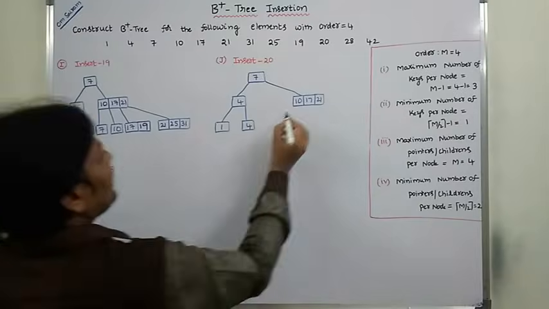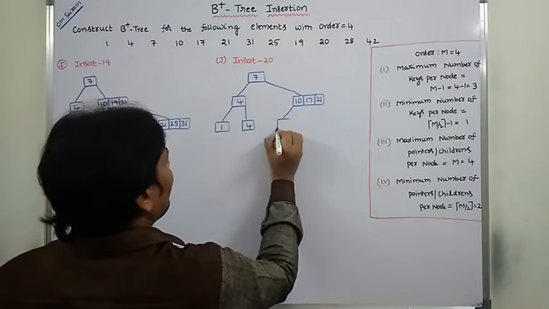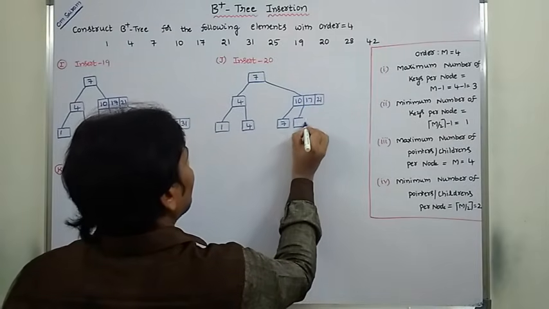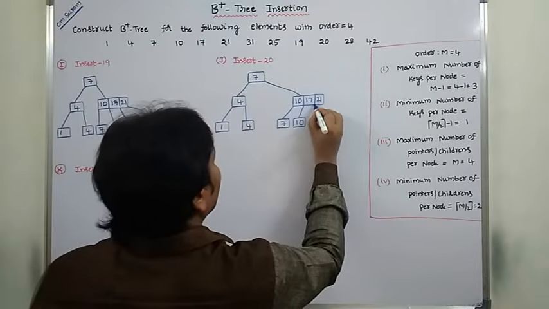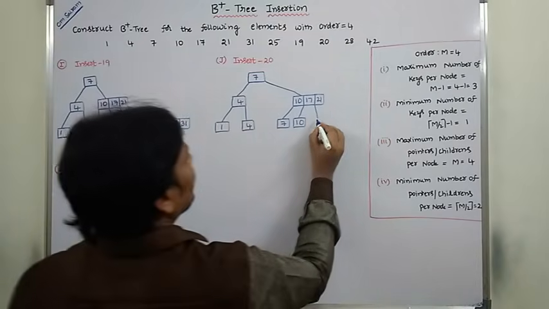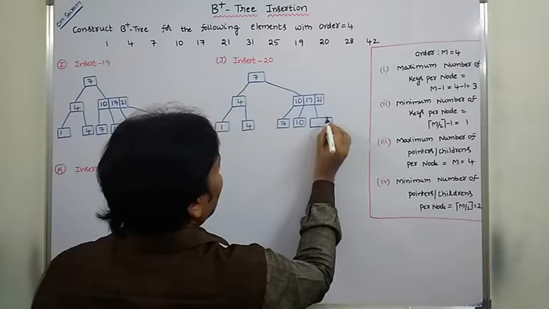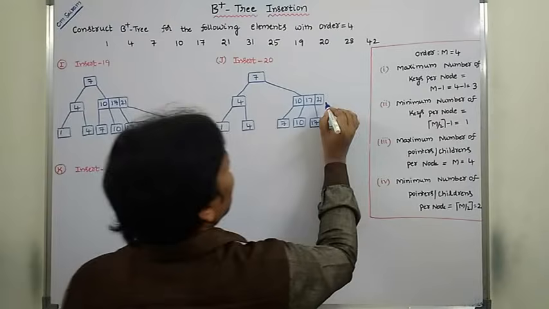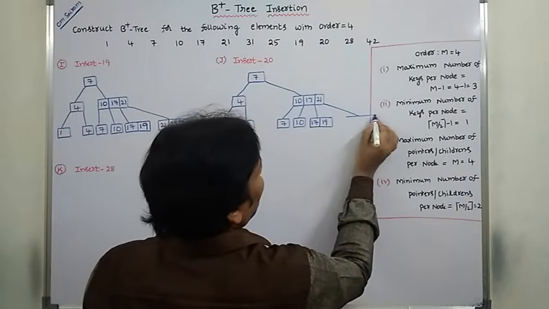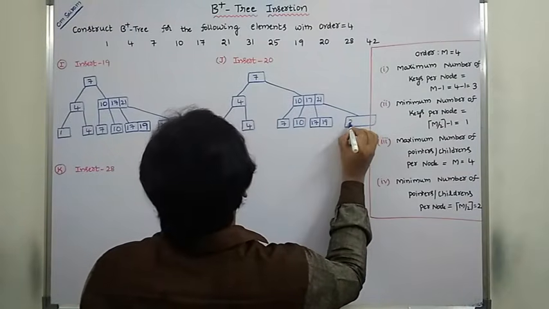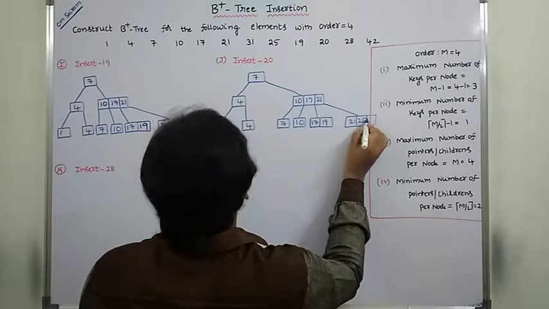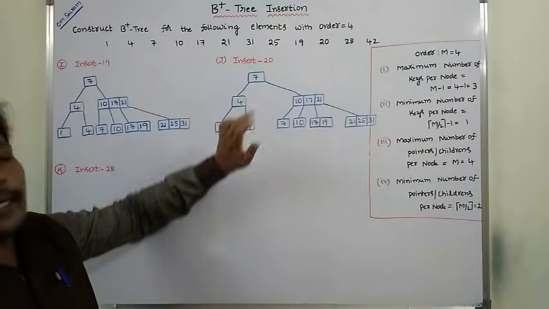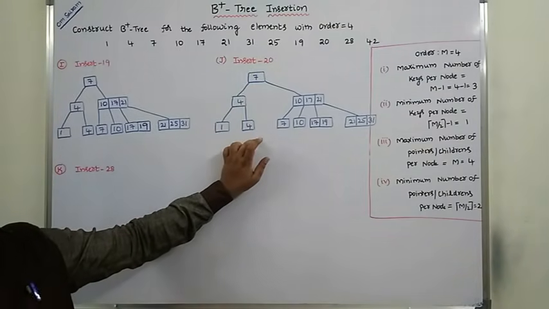Next, 10's left child is 7, 10's right child is 10, and 17's right child contains a node with key elements 17 and 19. Next, 21's right child is 21, 25 and 31. So before inserting 20, this is the B plus tree we are getting.